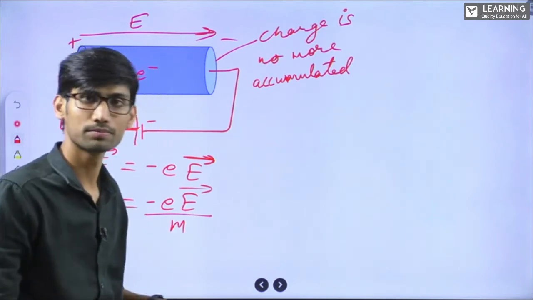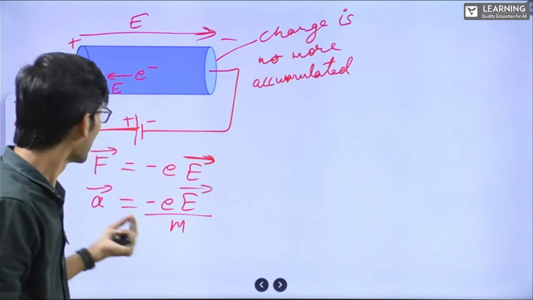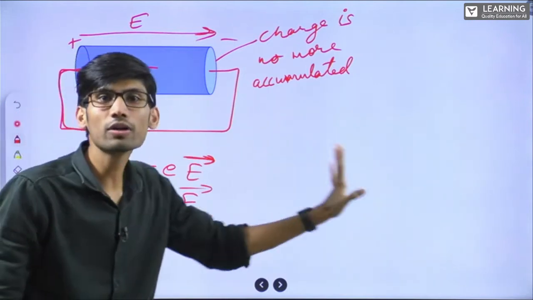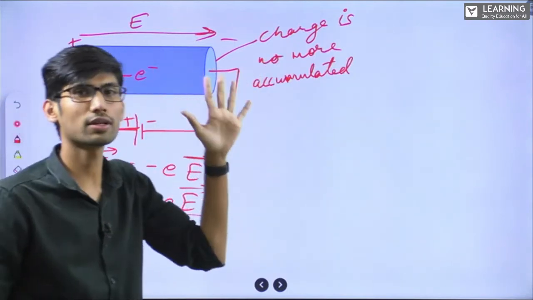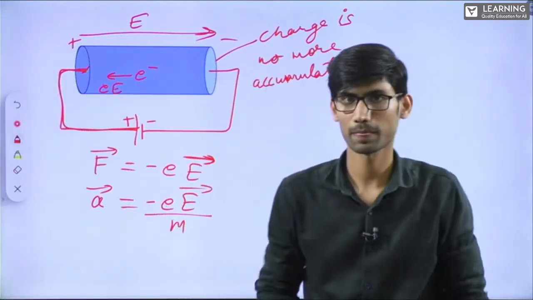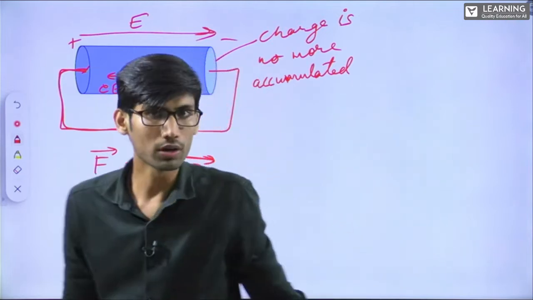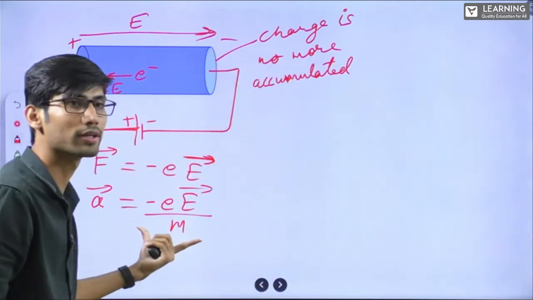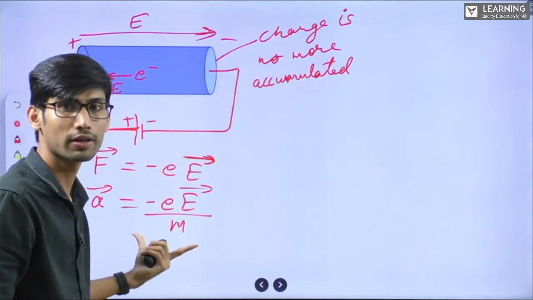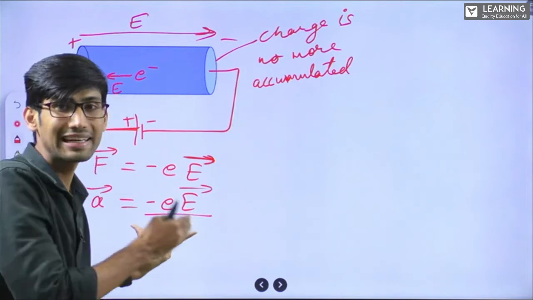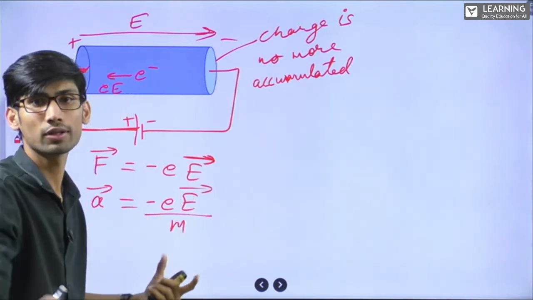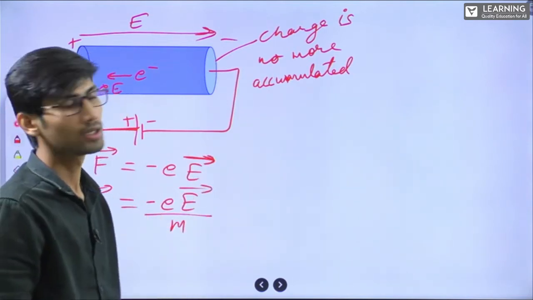How is this possible? Contradiction, right? Actually, overall this charge is not moving with acceleration, it is moving with a constant velocity. Let me explain. No doubt, individually this charge is moving with acceleration and its velocity will increase. But try to understand.